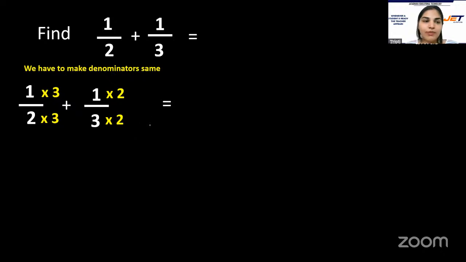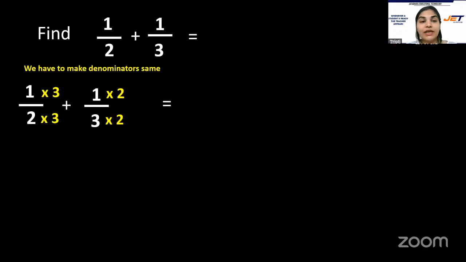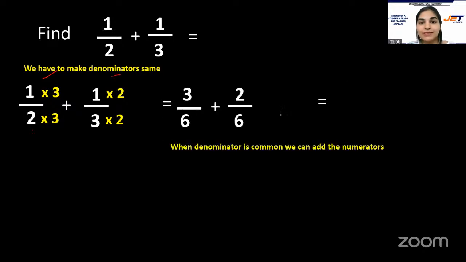So 1 by 2 times 3, numerator and denominator both are getting multiplied by 3. Then 1 by 3, numerator and denominator both being multiplied by 2, which is the denominator of the first fraction. Here you got 3 by 6 and here you got 2 by 6. So 3 by 6 plus 2 by 6 is 5 by 6.